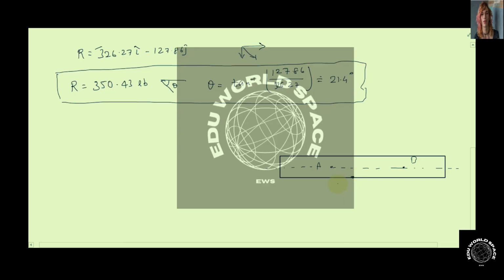Let's say the point of intersection is point M, at a horizontal distance D from point B. Here if we draw the resultant force components, this vertical component was 127.86 pound and the horizontal component was 326.27 pound, and this distance was given in the problem as 1 inch.